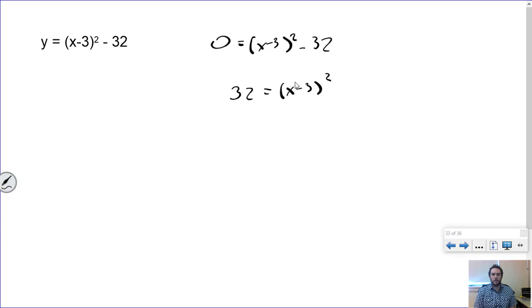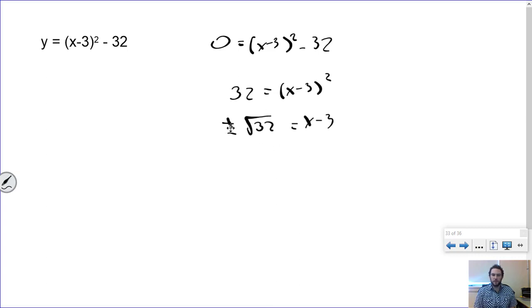And then if I take the square root of both sides, something happens here. Well, 32 isn't a perfect square, so how am I going to deal with that? Well, I deal with it same way as I would anything else, but we're just going to leave it as a radical. So the square root of 32 is plus or minus root 32 is equal to x minus 3.